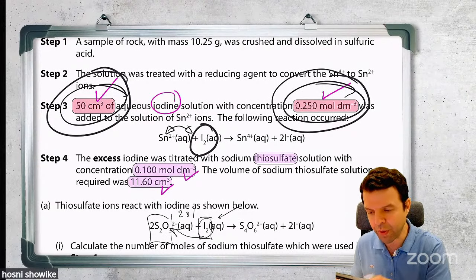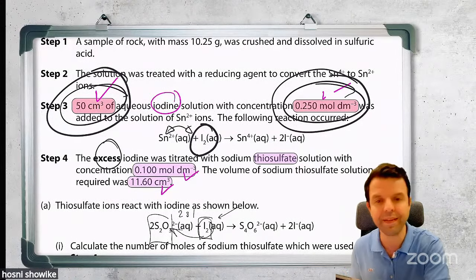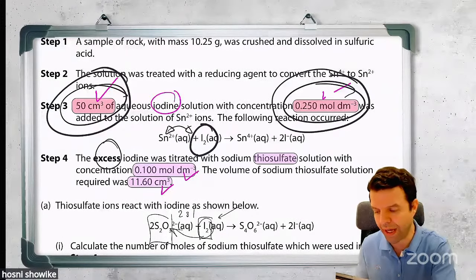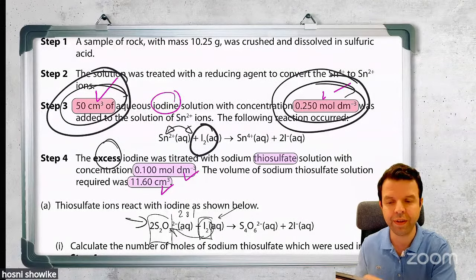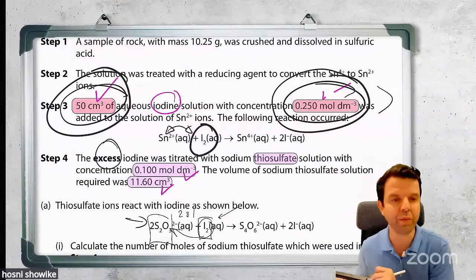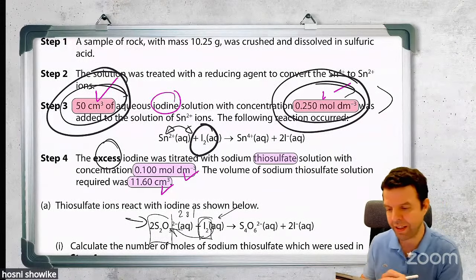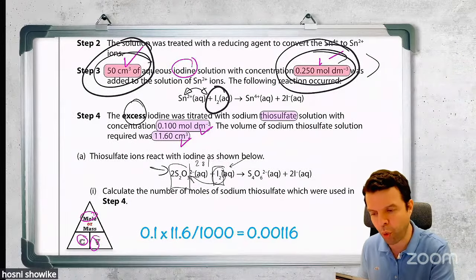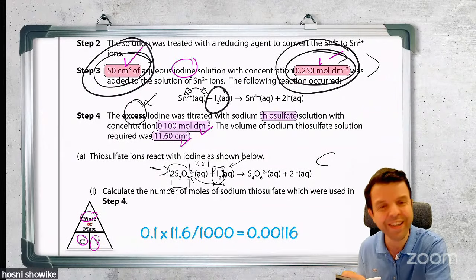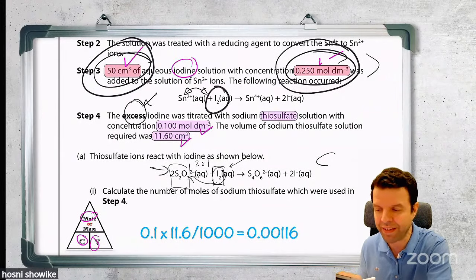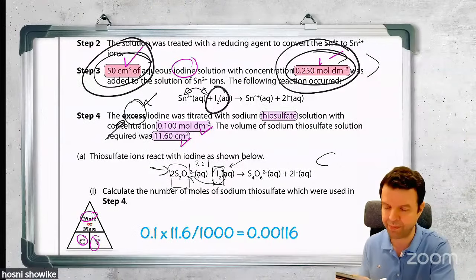The remaining iodine, look what they said. They said the excess iodine was reacted with thiosulfate. So here I have a greater moles of iodine initially, and here I have less moles of iodine because I only have the excess iodine reacting here, right?